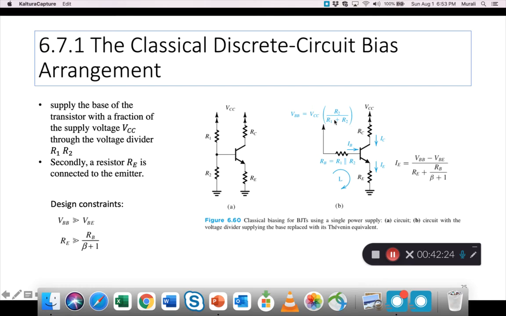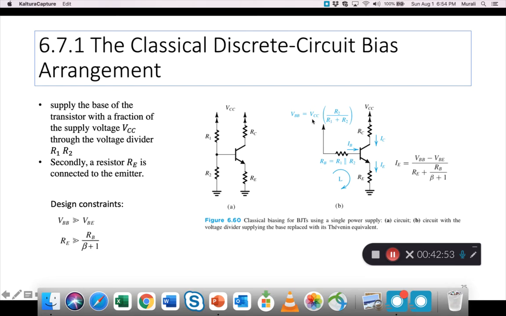You see the formulas, I think we are familiar with them, but there are some new formulas that have been derived, such as, for example, IE is VBB minus VBE, divided by RE plus RB by beta plus 1. How do you get VBB, which is the voltage going into the base?